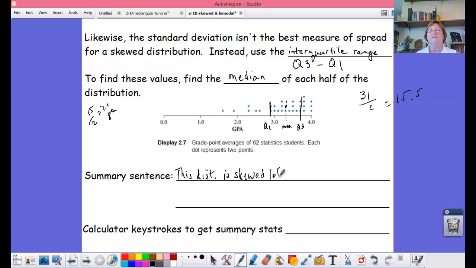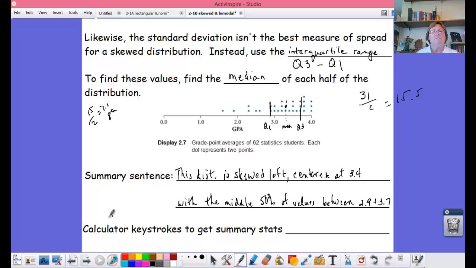It's skewed left, centered at 3.4, with the middle 50% of values between 2.9 and 3.7, and I hope I got those numbers right.